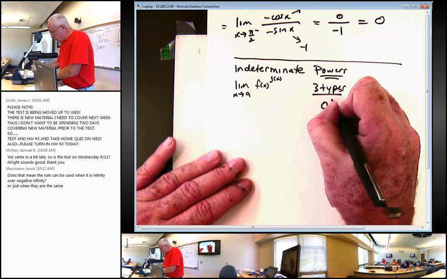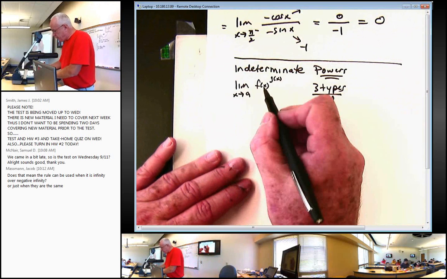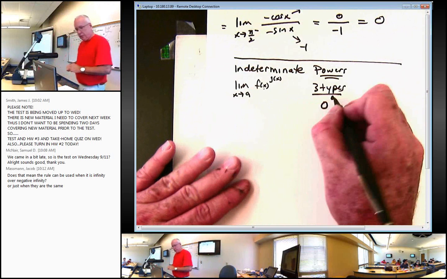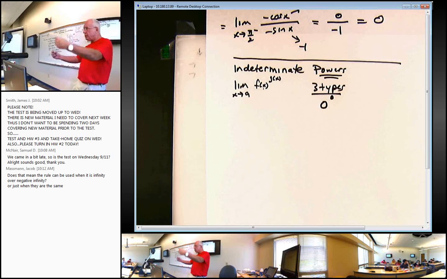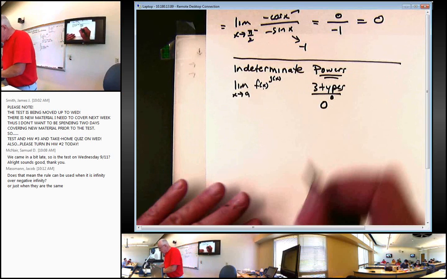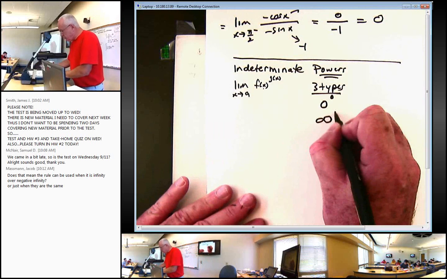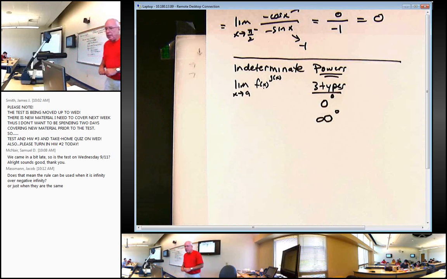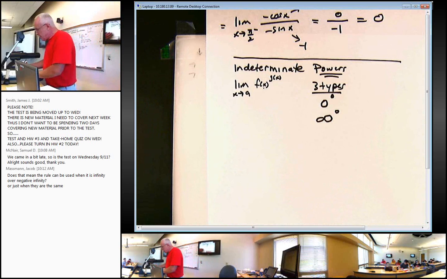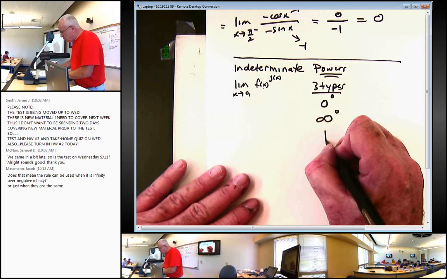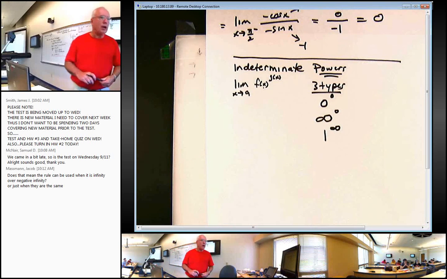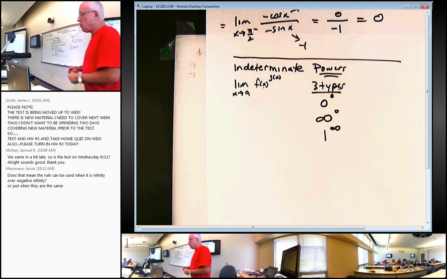There is the 0 to the 0 case, when the f function is going to zero and the g function is going to zero. Then there is the infinity to the 0 case, where f is going to infinity and the top function is going to 0. And then finally there's the 1 to the infinity case, where the bottom function is going to 1 and the power is going to infinity.